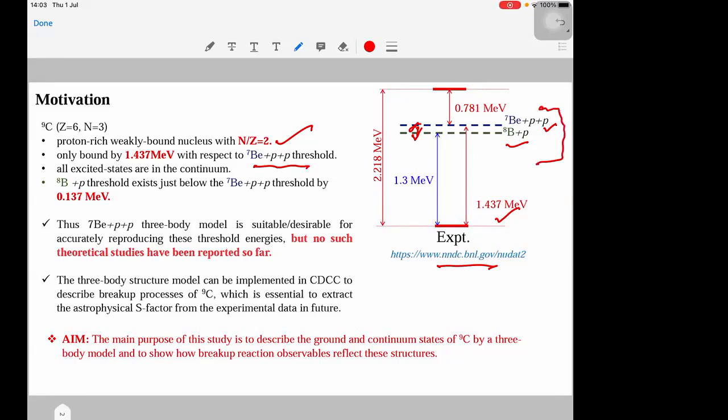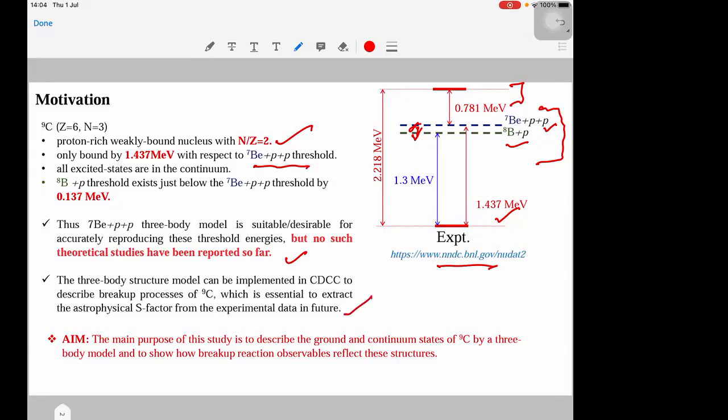In order to accurately reproduce these threshold energies and low-lying excited states, a 3-body model description for 9-carbon is desirable, but so far no such theoretical studies have been reported. This 3-body structure model can be implemented in CDCC to describe the breakup processes of 9-carbon, which is essential to extract the astrophysical S factor from the experimental data in future.